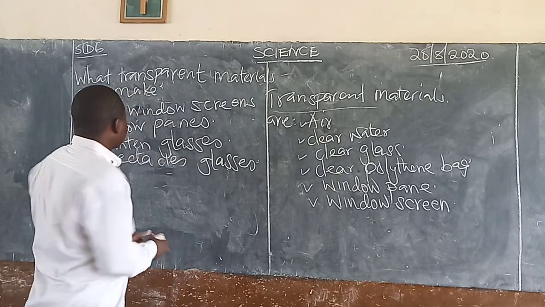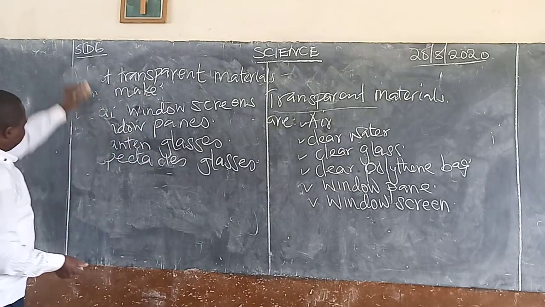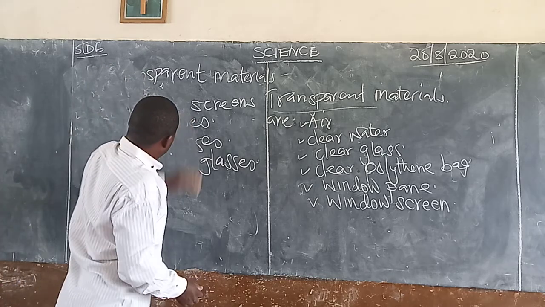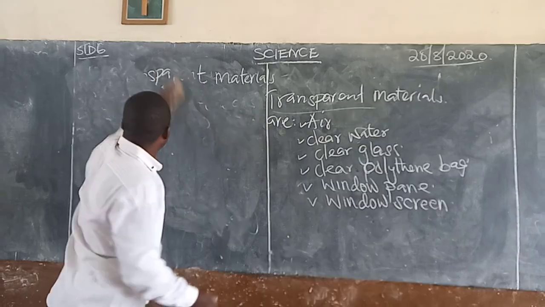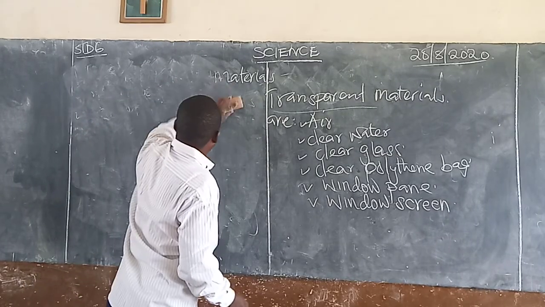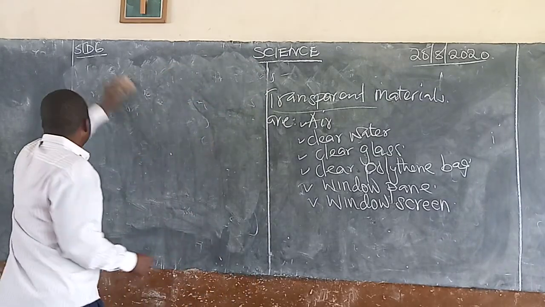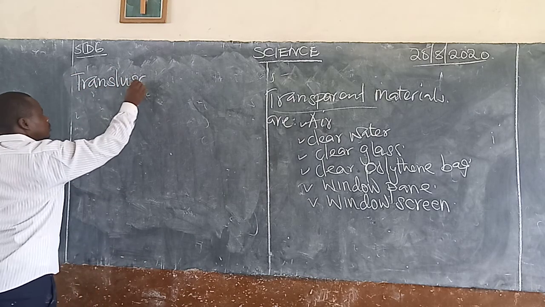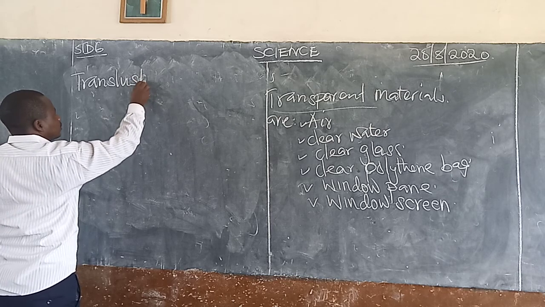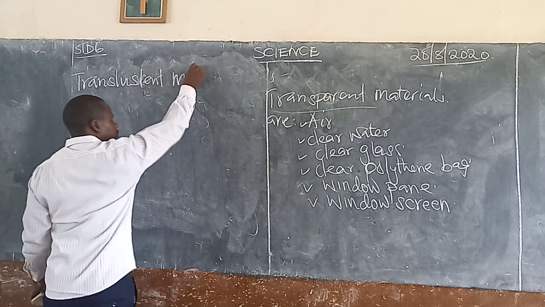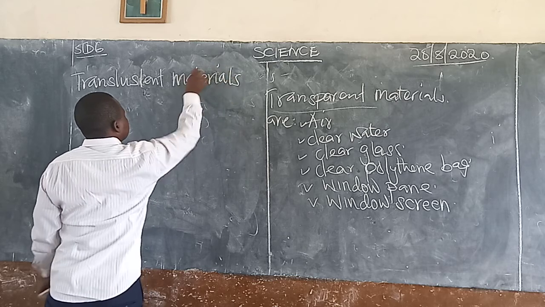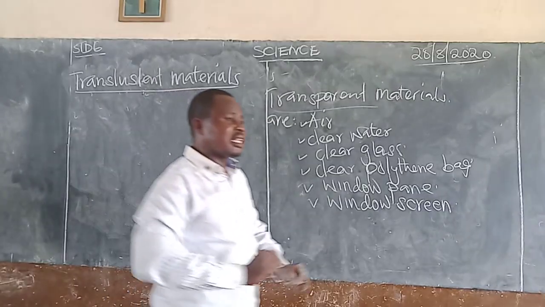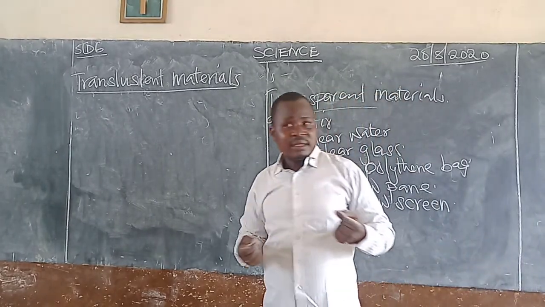Now let us see translucent materials. Under this, we realize these are materials that light passes through.